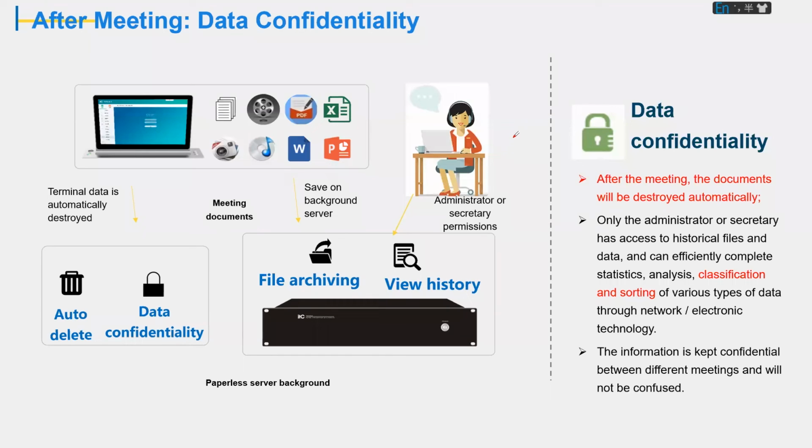So for the personnel who want to gather information or documents, he or she will need to input a password to obtain the meeting information. And it depends on how you want to share the data. If you don't want to keep the data, you can set a temporary mode. That means after the meeting, all the terminals' data will be automatically destroyed.